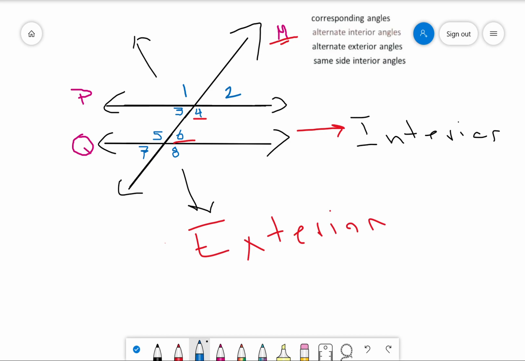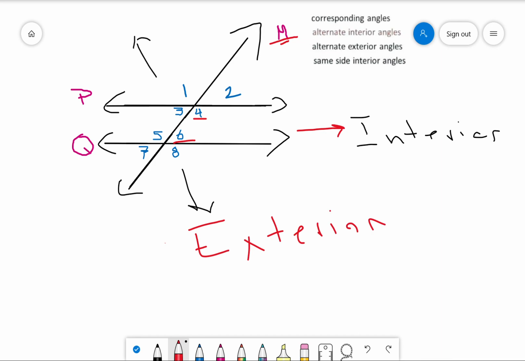They are supplementary angles, which means they add up to 180 degrees. Their sum is 180 degrees, but that doesn't mean they're congruent angles.